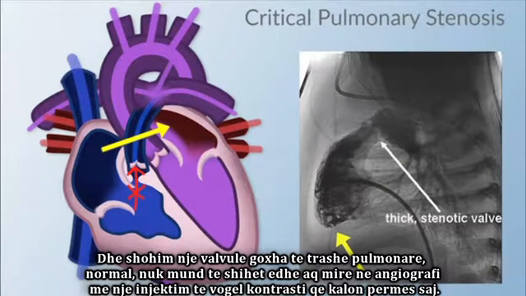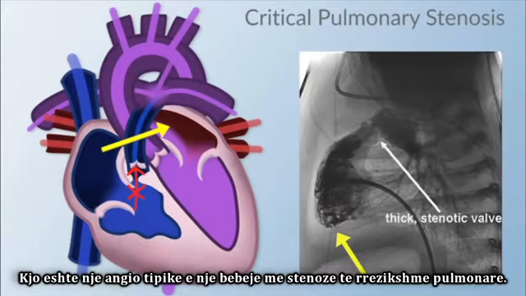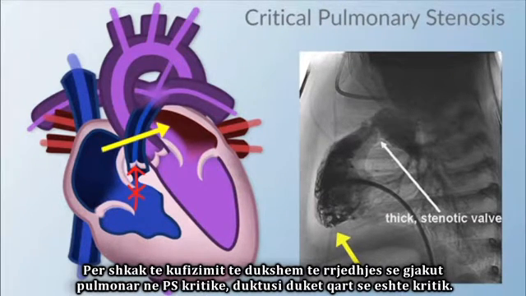Ordinarily, you can't really see the pulmonary valve very well on angiography, and with a relatively small jet of contrast that goes across it. This is a typical angio of a baby with critical valvular pulmonary stenosis. Because of the marked limitation in pulmonary blood flow in critical PS, patency of the ductus is critical.